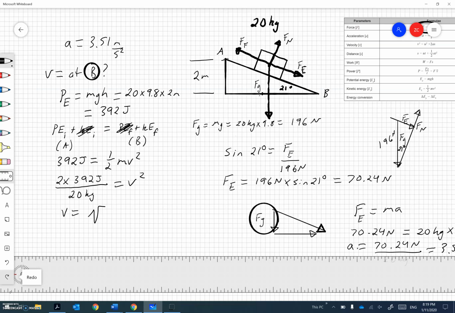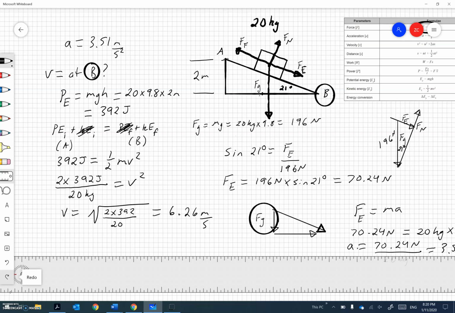So the velocity is equal to the square root of 2 times 392 over 20. So we get a velocity of 6.26 meters per second, and that's at point B, at the very end.